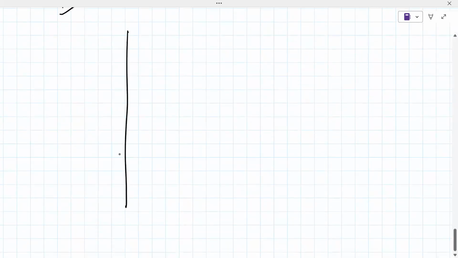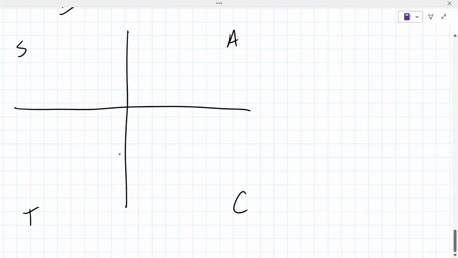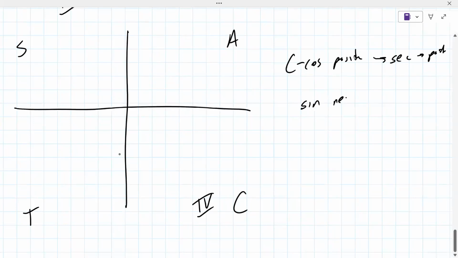Last one here. So for C in quadrant 4, C means that cosine is positive, which means that the reciprocal of cosine, which is secant, is also positive. Sine is negative. Since sine is negative, tangent, which is the ratio of sine to cosine, is a negative and a positive, so it's also negative.